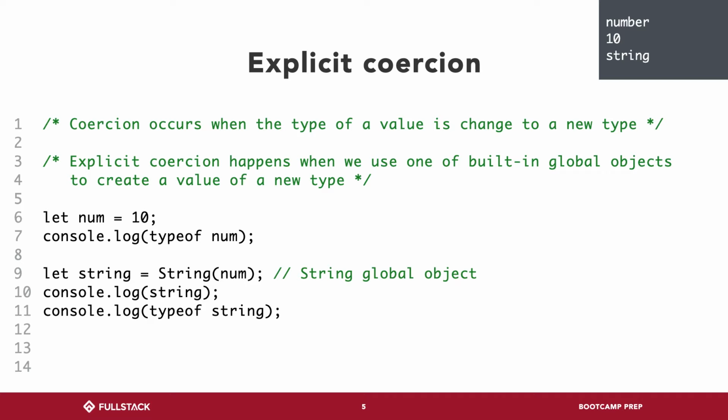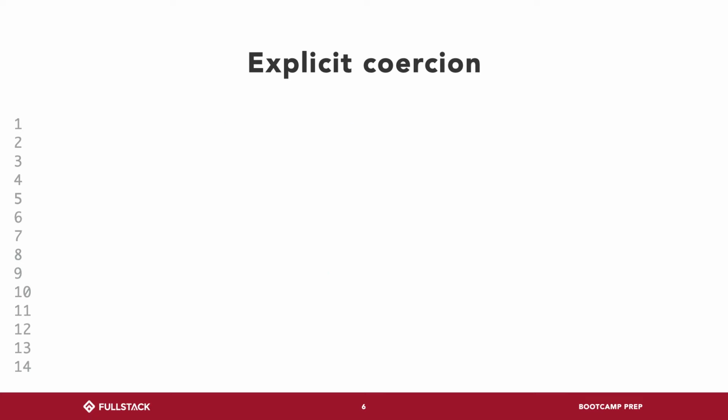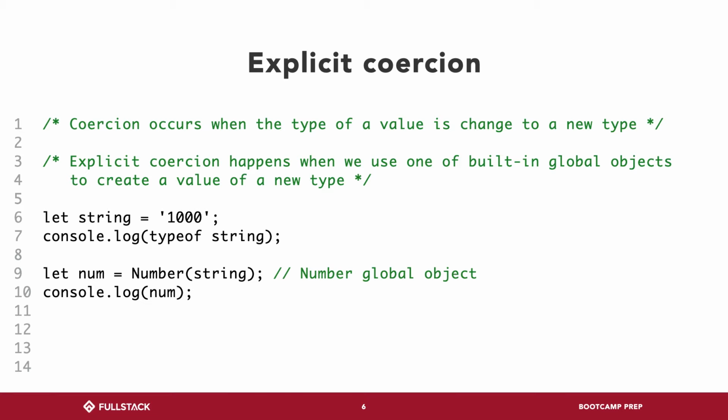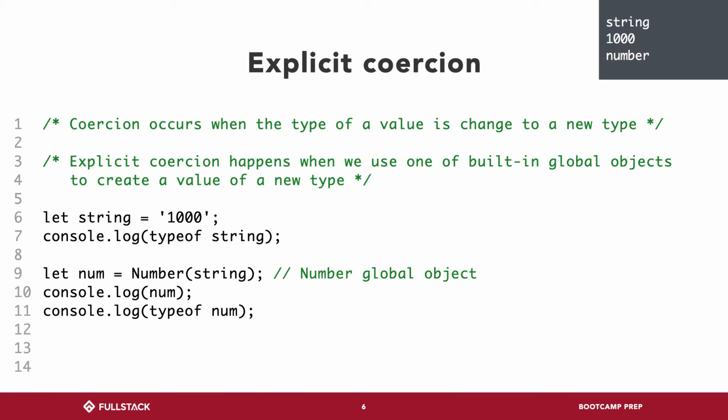Any questions on that? Okay. And the same thing can be said with a number, right? String 1000, typeof string, string. Let num equal Number, pass in that string. You still get 1000, and it looks the same, but its typeof is number.